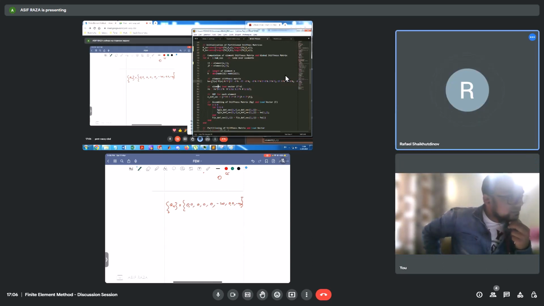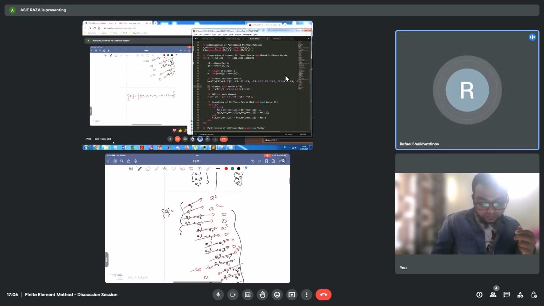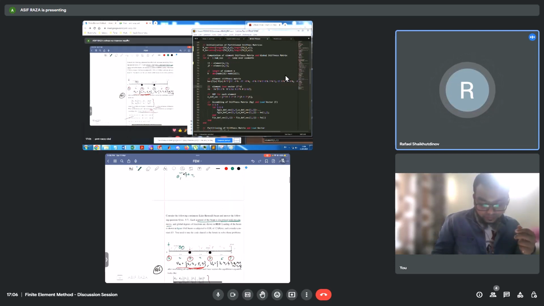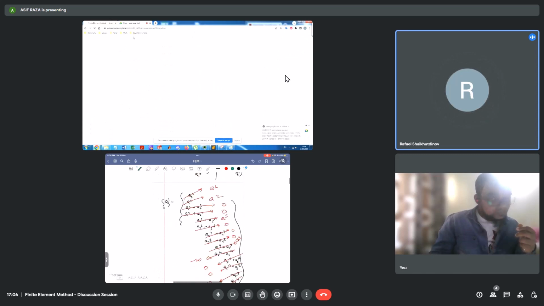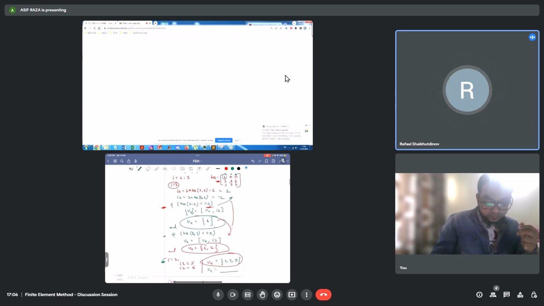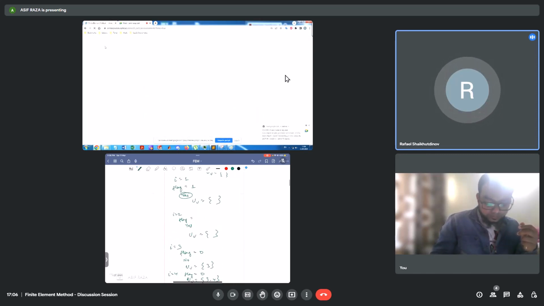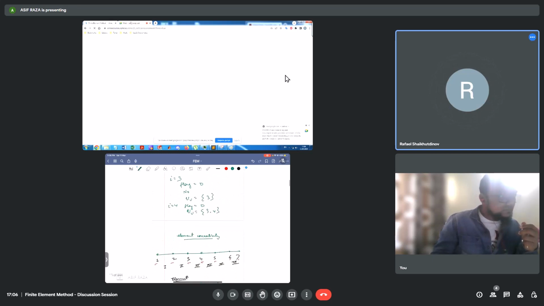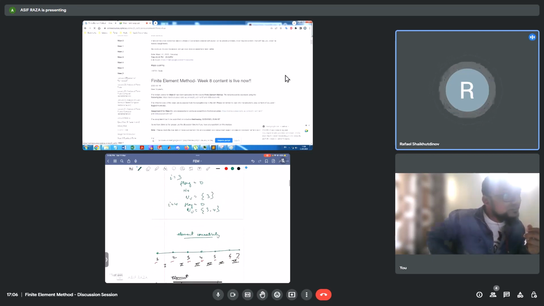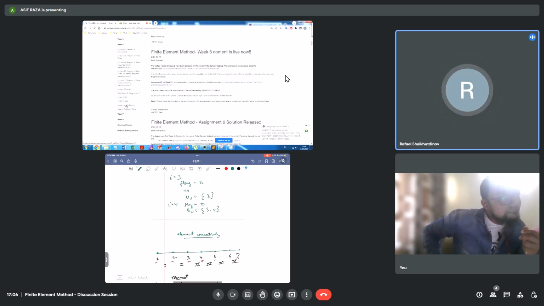By the way, when I saw my problem in this finite element method assignment, I thought initially that we have different Qs for each element. Can you see my screen?